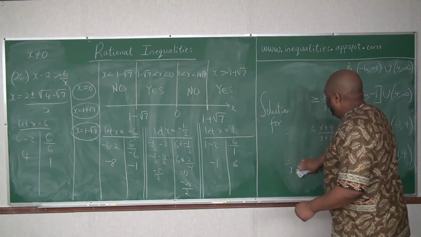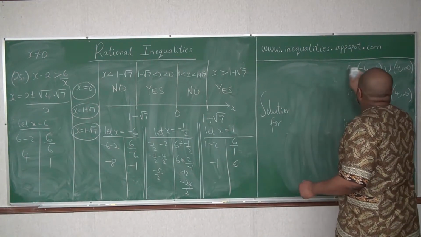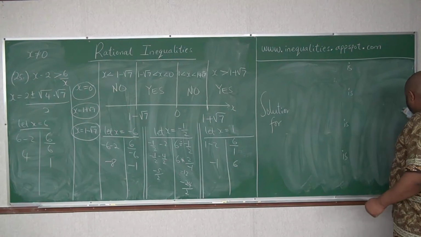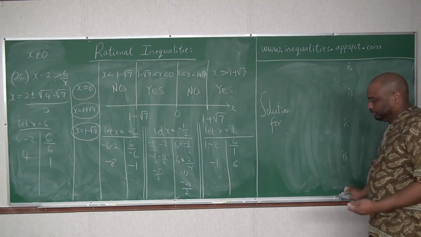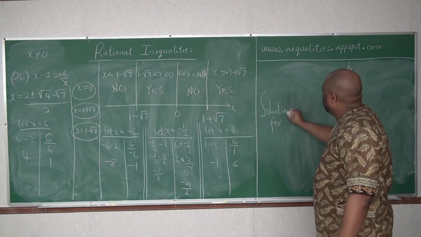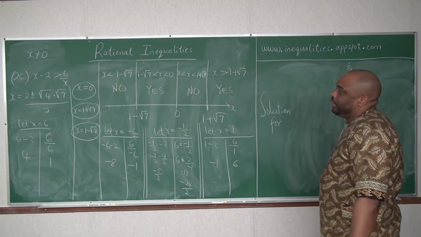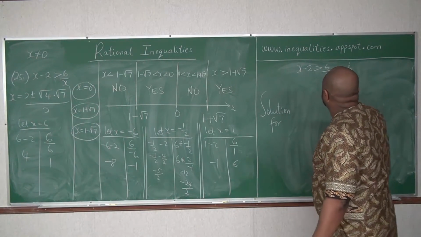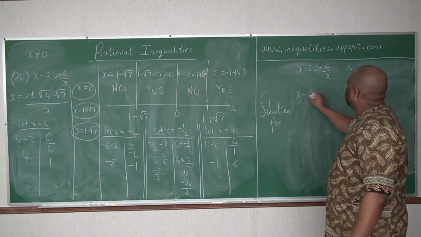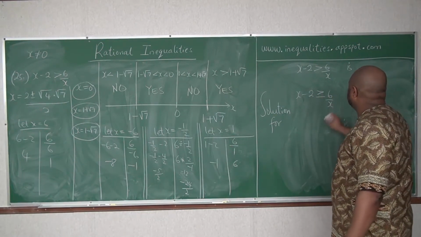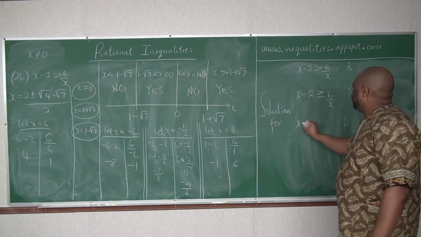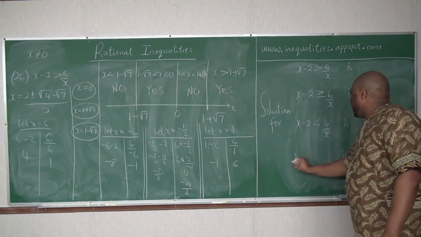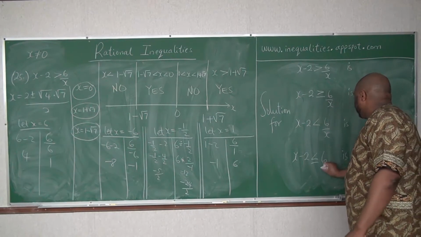So let us write our solution in interval notation. So solution for x minus 2 greater than 6 over x, x minus 2 greater than or equal to 6 over x, x minus 2 less than 6 over x, x minus 2 less than or equal to 6 over x.